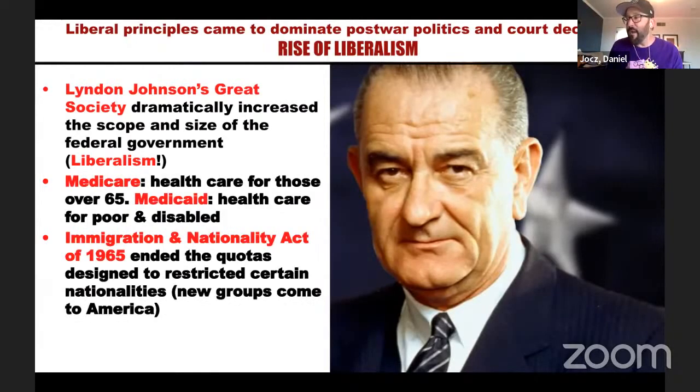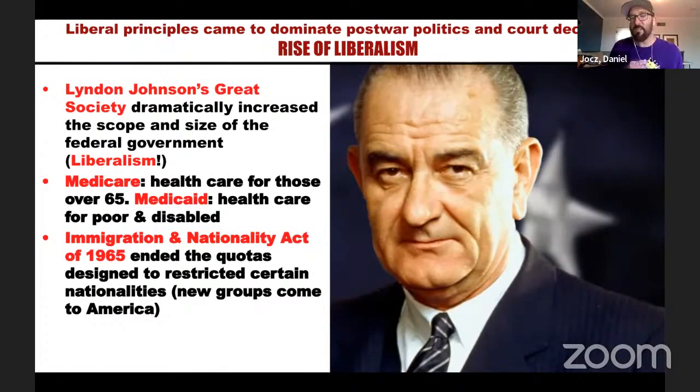You have a very significant law. And if you haven't learned much about this law, just know that the Immigration and Nationality Act of 1965 ended the quotas that were designed to restrict certain nationalities. Remember those quotas in the 1920s, the quotas that talked about trying to limit Southern and Eastern European immigrants.